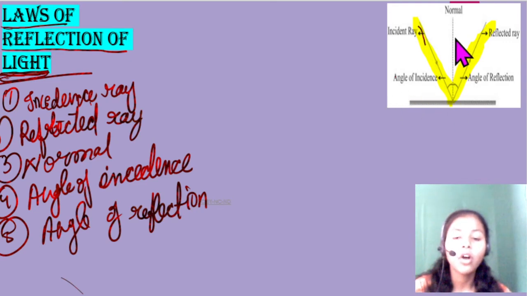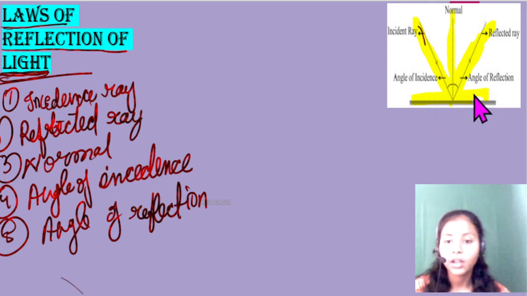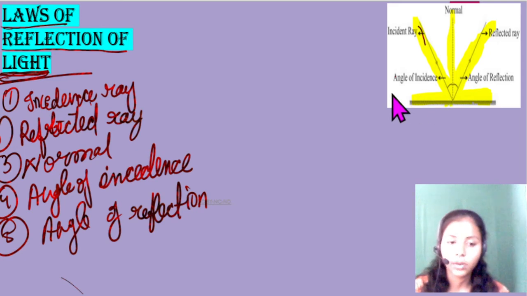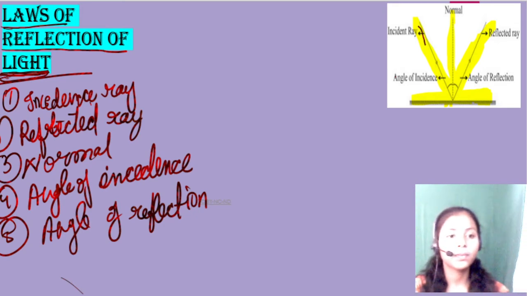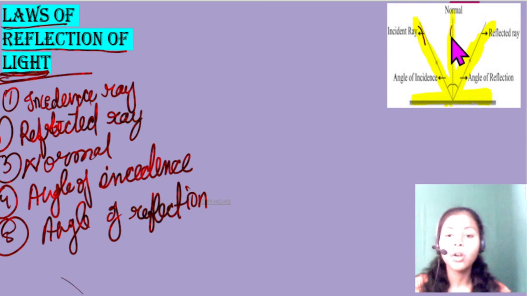The third is normal. The ray which is normal to the surface, or you can say that it is perpendicular to the surface, is called the normal. The fourth one is angle of incidence.